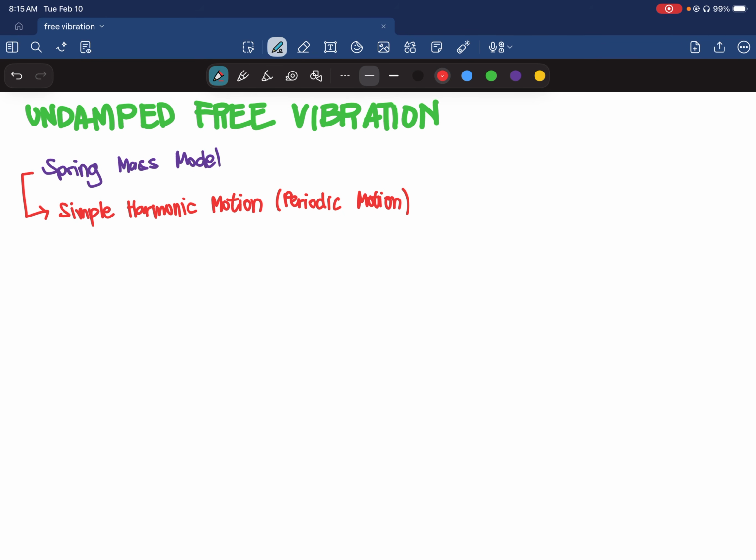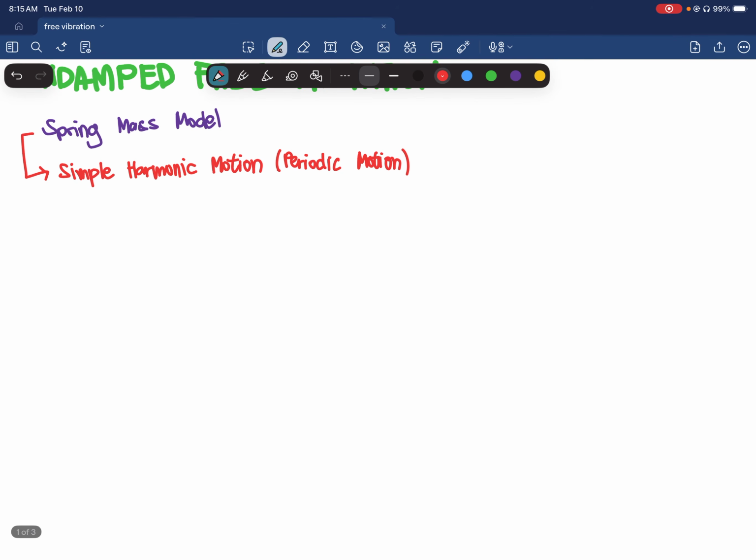Now, what else? When we have a simple harmonic motion, our acceleration is directly proportional to the displacement. But let's make it negative. Why? Because it is always in the opposite direction.